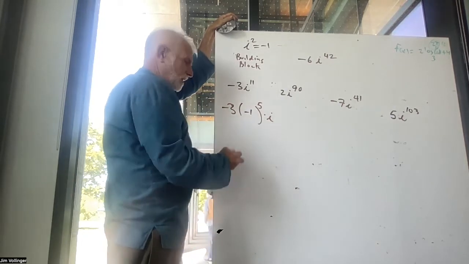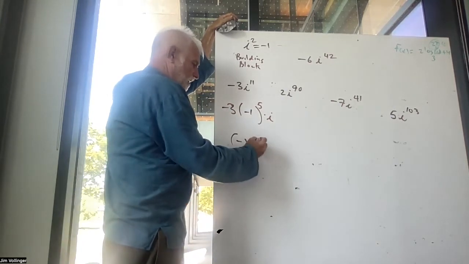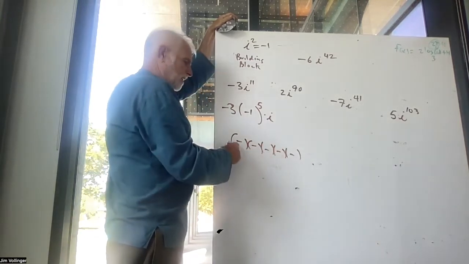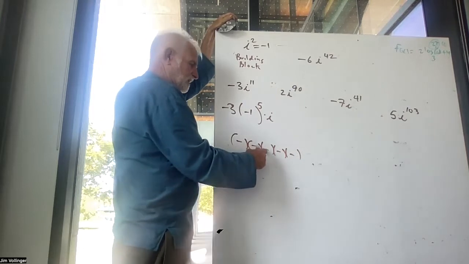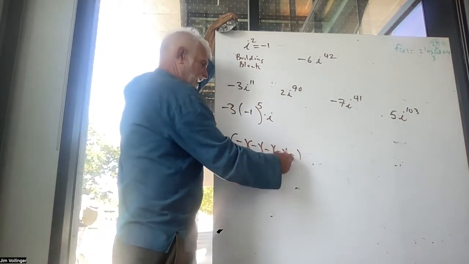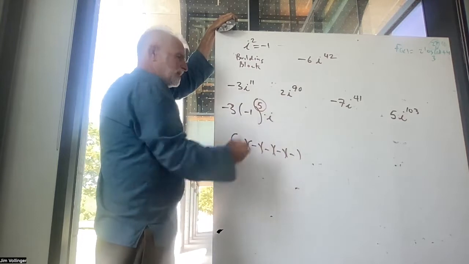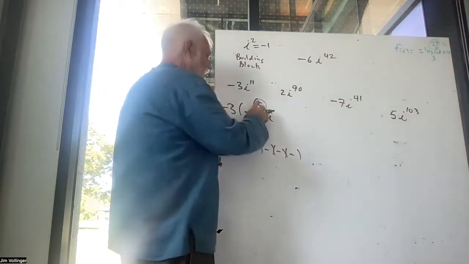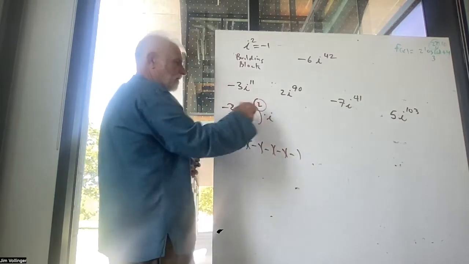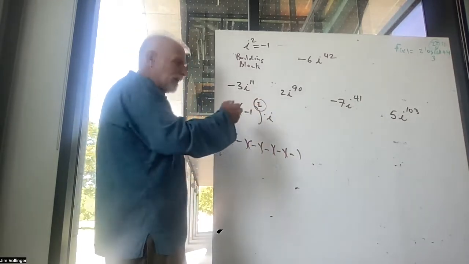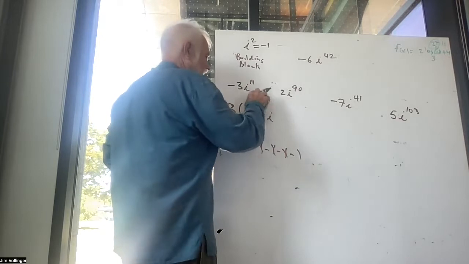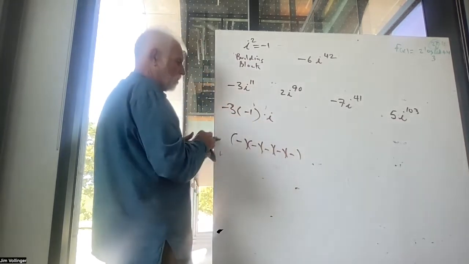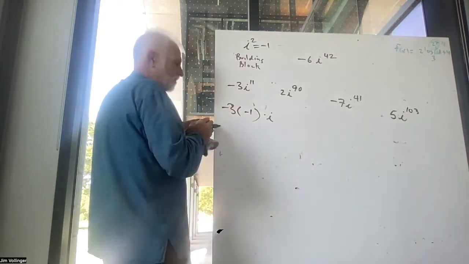And what is negative 1 to the 5th? Minus times a minus is a plus, a minus, a plus, a minus. So if the exponent's odd, it stays negative 1. If the exponent was even, what's negative 1 squared? Changes to positive. Right, so that was an odd, so it stays as negative 1. So what's our final answer? 3i.